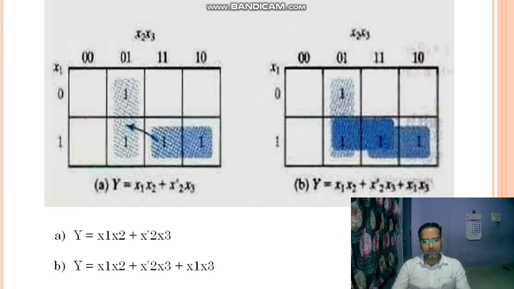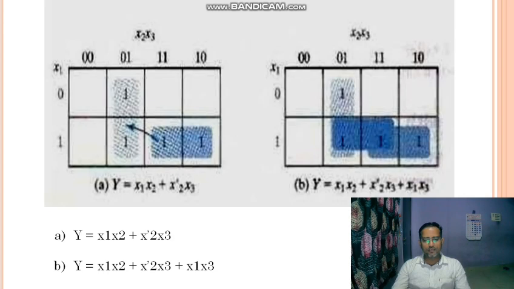Here the groups will be separated. There are three groups in this diagram: group 1, group 2, group 3. In the first diagram there are two groups. This is the real value. In this real value, the shaded area means a hazard happens here. A 0 to 1 transition hazard means a static 0 hazard.